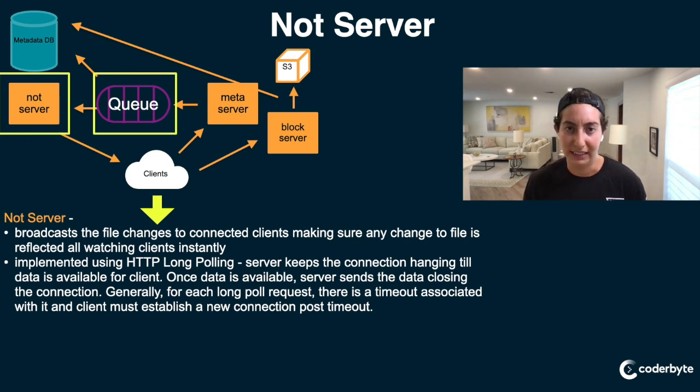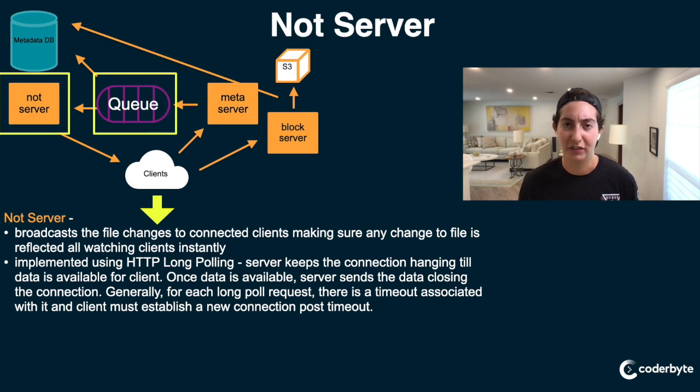So what does this mean? This essentially means that there are open connections between the notification servers and the clients at any given point, and they're always waiting for data because probably there's going to be data coming down. And when that data comes down, it closes the connection and then reestablishes a connection.